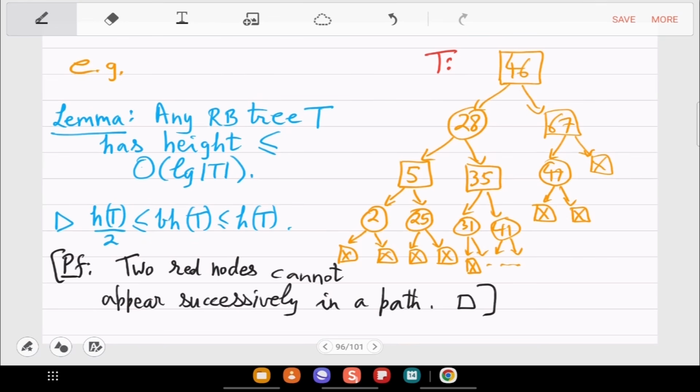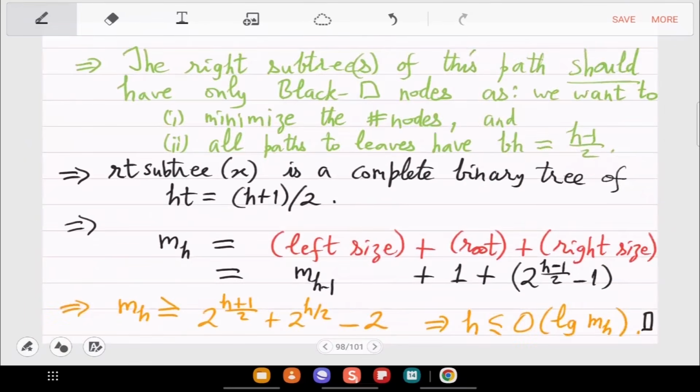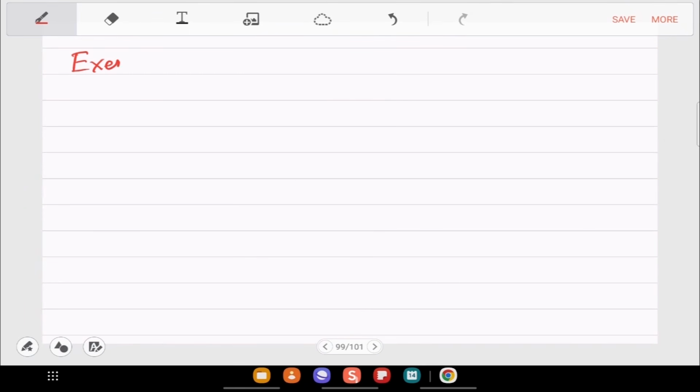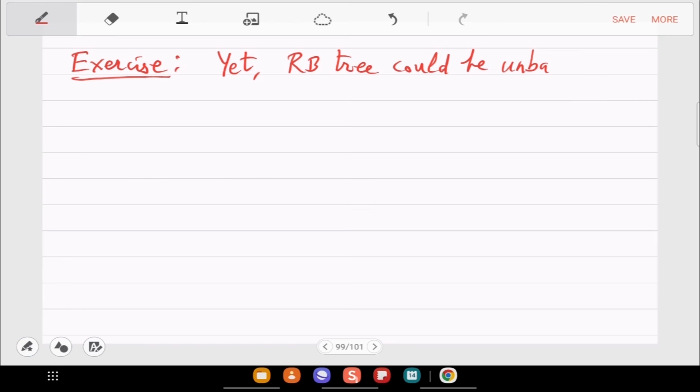So this is what will be important in the time complexity. So yet RB tree could be unbalanced. Okay, so balance means that depth is log n, but if depth is log n, it doesn't really mean that the tree is balanced. It goes only in one direction.